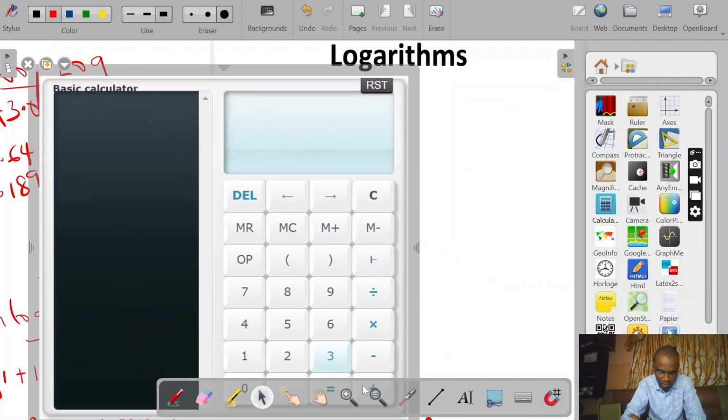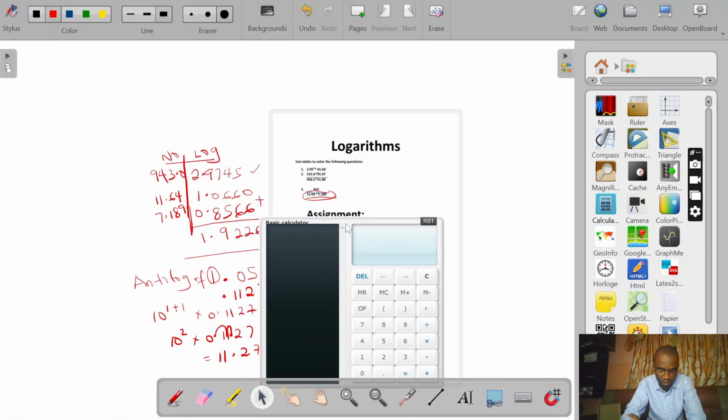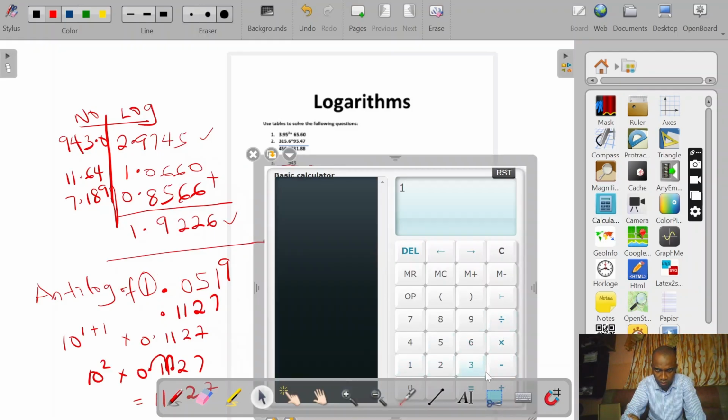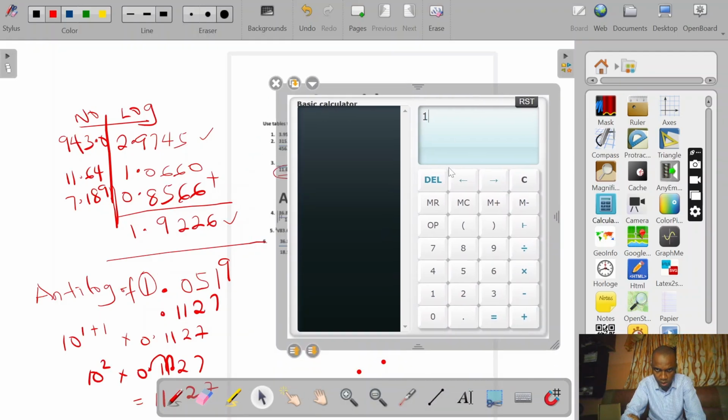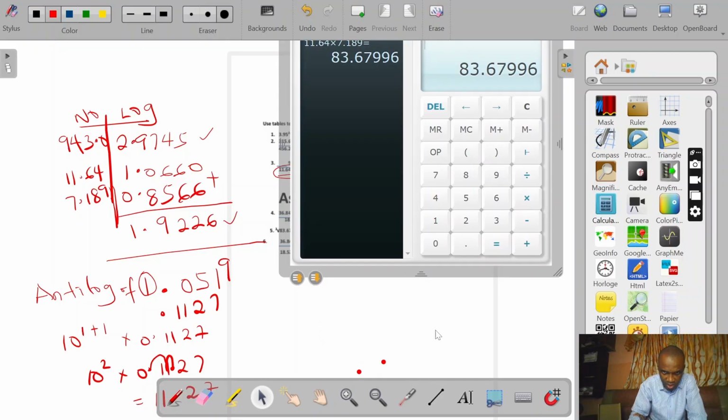Let me zoom it up. 11.64 times 7.189 equals, so that will give me 83.67996. Let me write this answer somewhere.